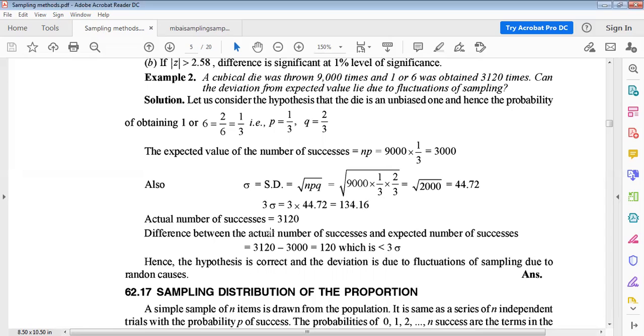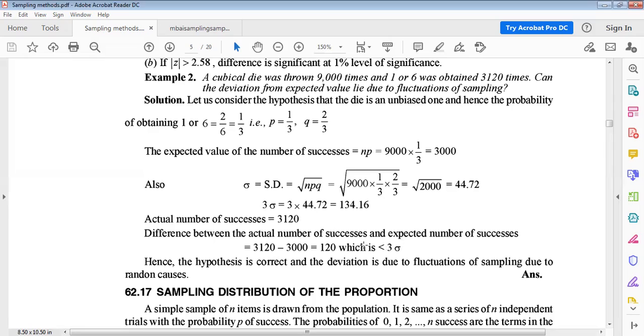So the actual number of successes is 3120, which is given. Now the difference between the actual number of successes and the expected number of successes. The expected number of successes is 3000. We have calculated 3000 successes, but the actual given is 3120. So the difference is 120, which is less than 3 sigma.